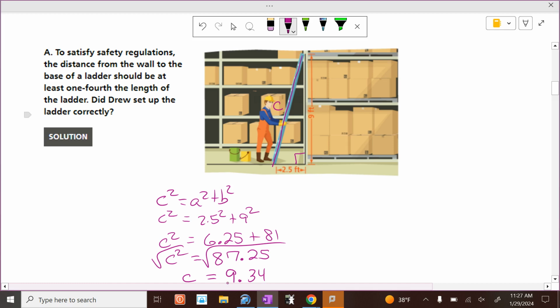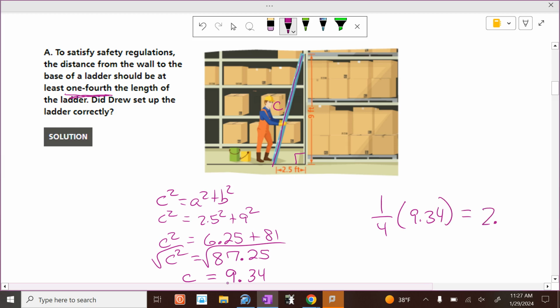Now, it says, to satisfy safety regulations, the base of the ladder should be at least 1/4 the length of the ladder. Let's take 1/4 the length of this ladder. 1/4 times 9.34. Calculator, please.